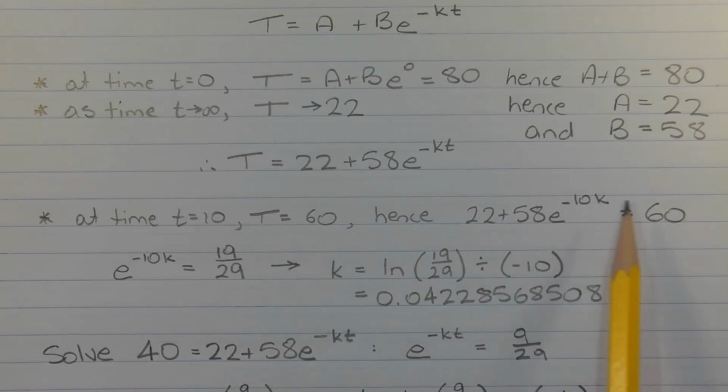So subtracting 22 from both sides of the equation and dividing by 58, we get e to the power of negative 10k is equal to 19 over 29. Now taking the natural logarithm of both sides and then dividing by negative 10, we get k is equal to ln of 19 over 29 divided by negative 10, which is equal to 0.0422856858 and so on in decimal.